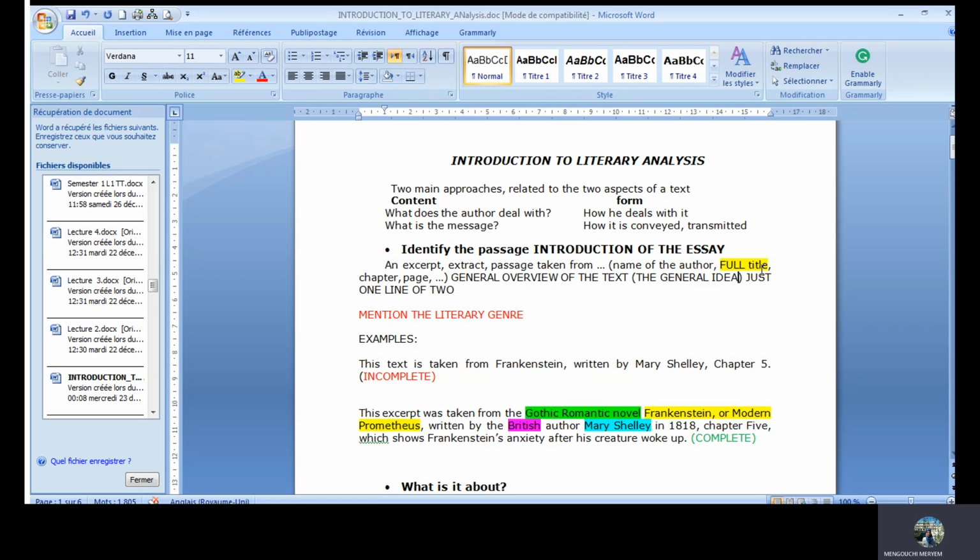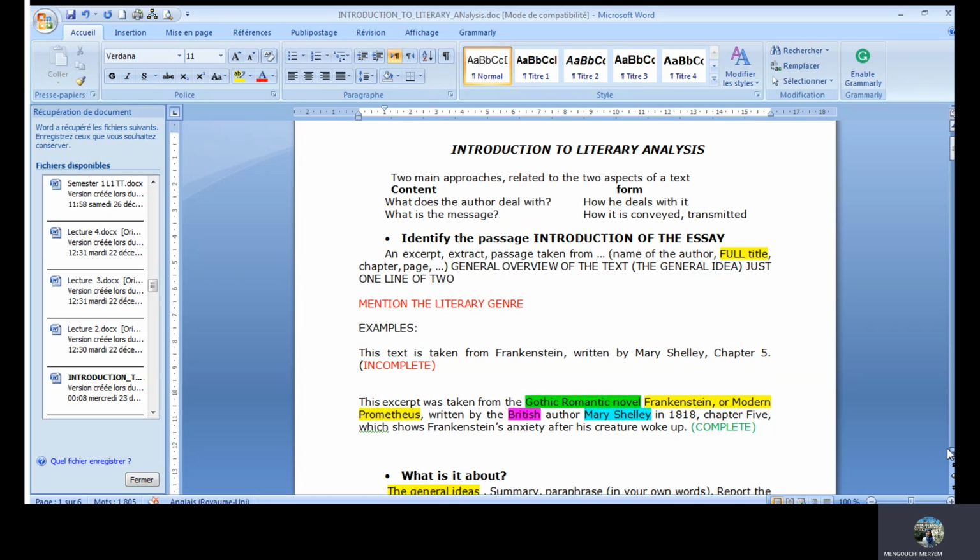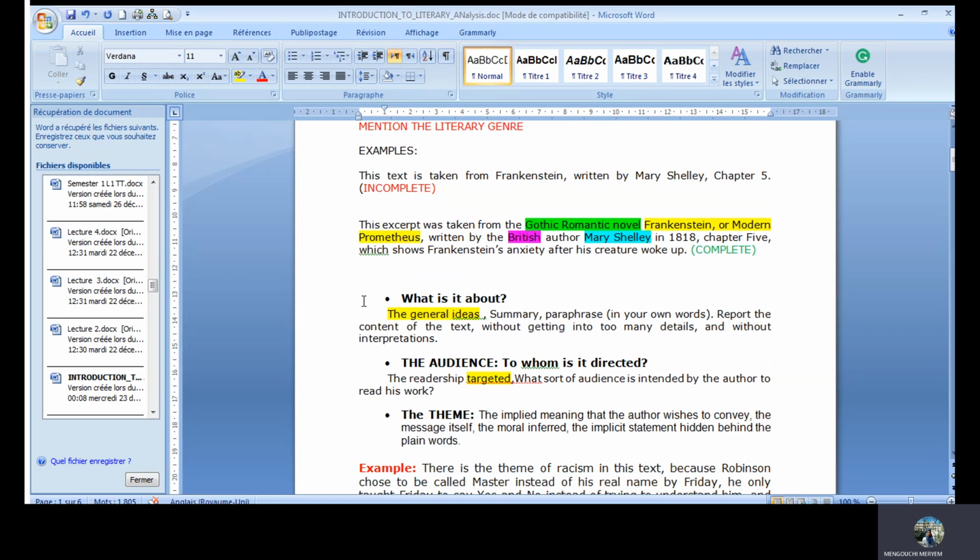Why am I insisting that it's very brief and should be provided in just one line? That's because in the next step of the literary analysis, we will be speaking of the general ideas with an S at the end. That is, in the next step, we will be speaking about the general ideas, and this is where you have to explain them more thoroughly with more details. We had this problem in the exam of the last semester.